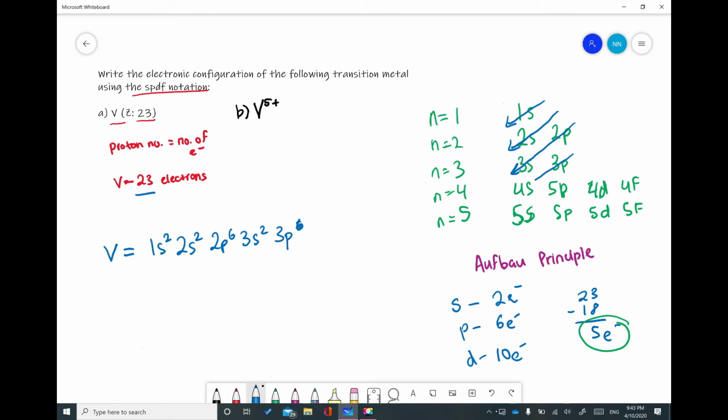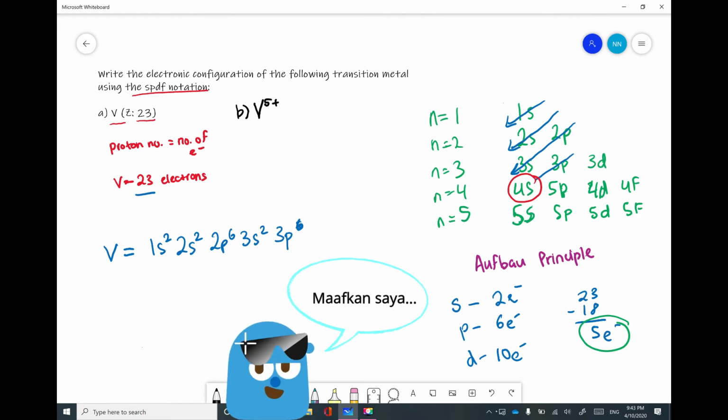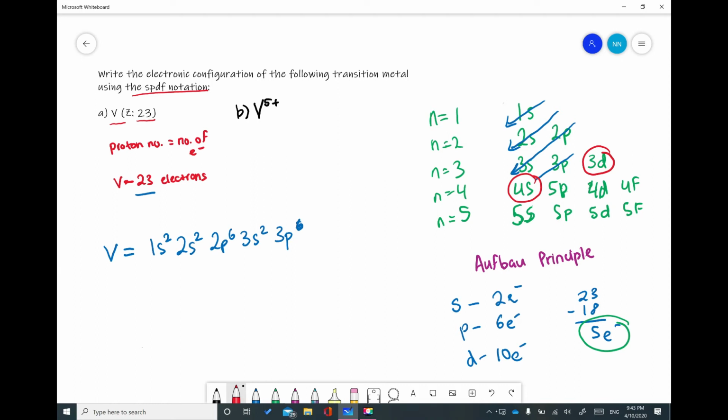In the previous video I said that in terms of the 4s and the 3d, since the principle says the electron will fill the lowest energy orbital and then proceed to the next, we have to put the electrons in the 4s first, then the 3d, because the 4s has a lower energy than the 3d.